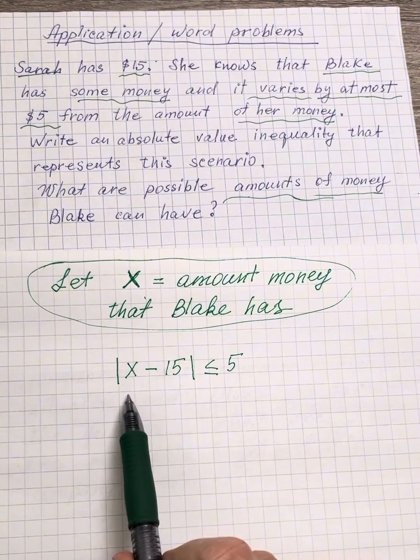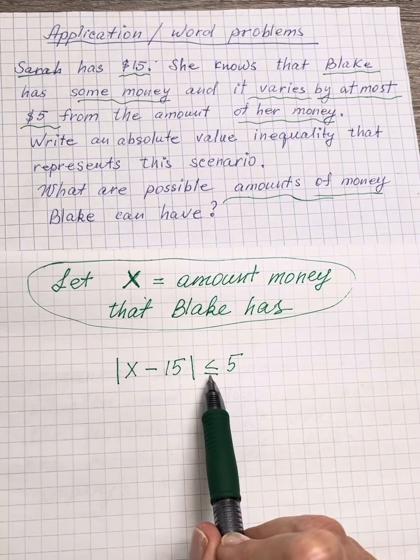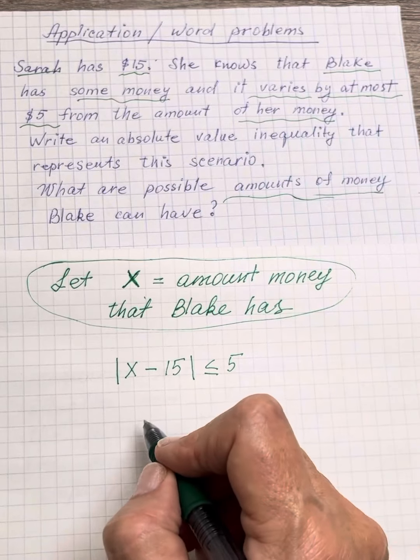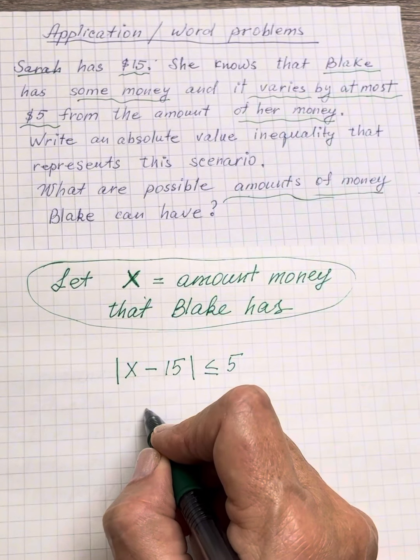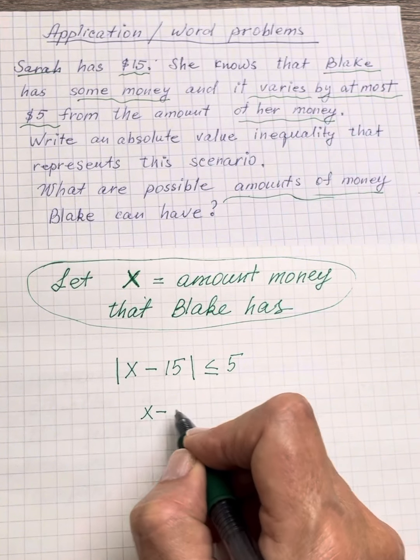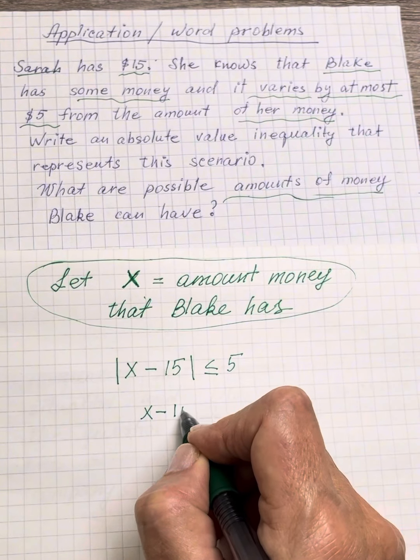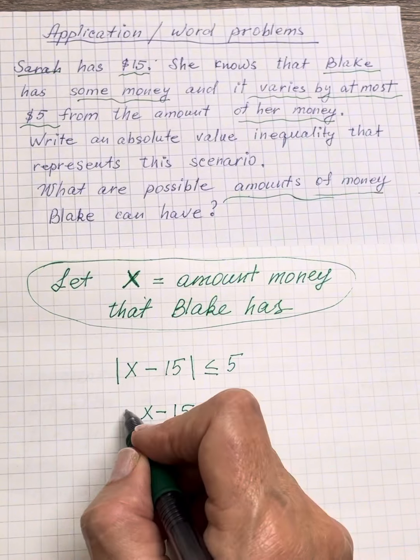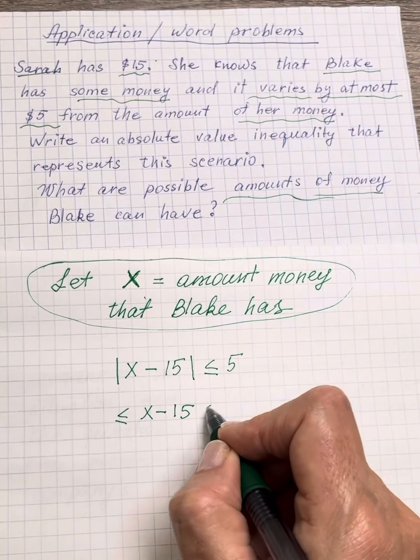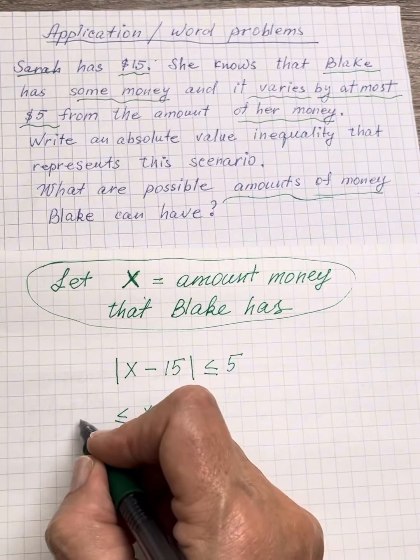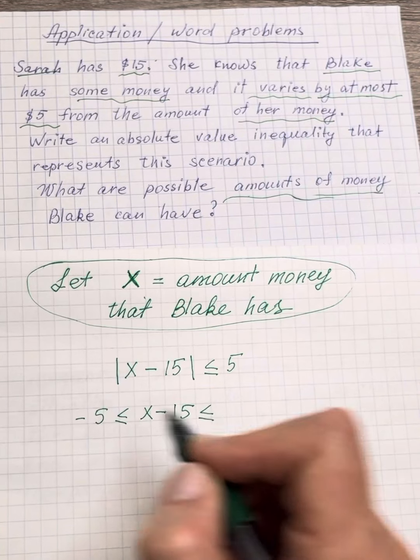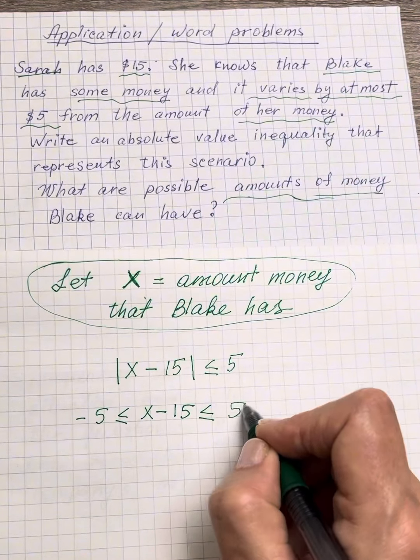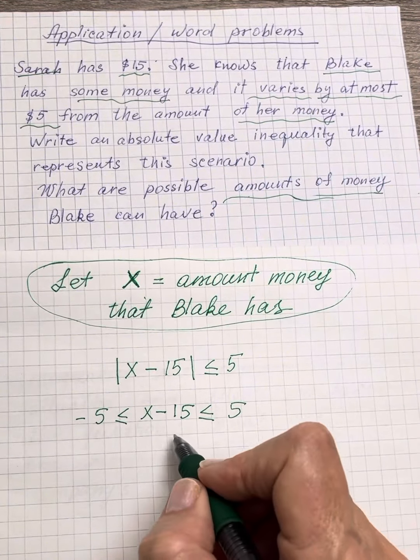Remember, since it's less or equal, we can set up solution x minus 15, between. Remember, it's between. Between what? -5 and 5. How to solve?